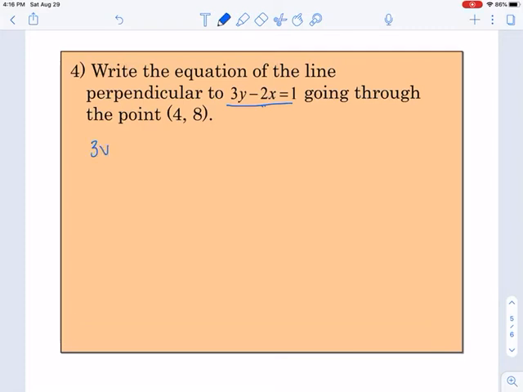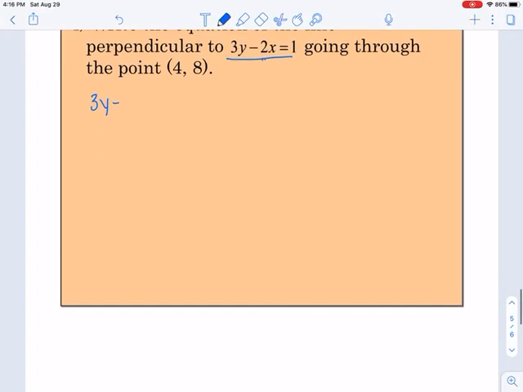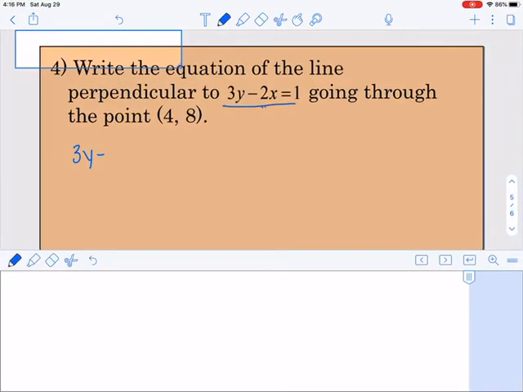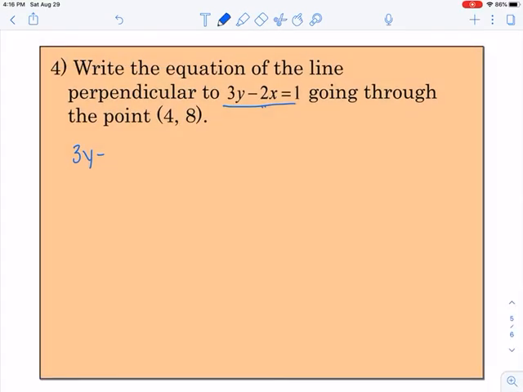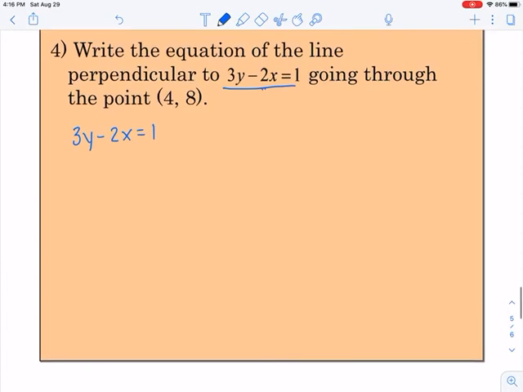So let me bring down that. Okay, so I just rewrote that equation, and now my goal is to solve for y. I want to get this y by itself. So the first thing I'm going to do is add 2x to both sides.